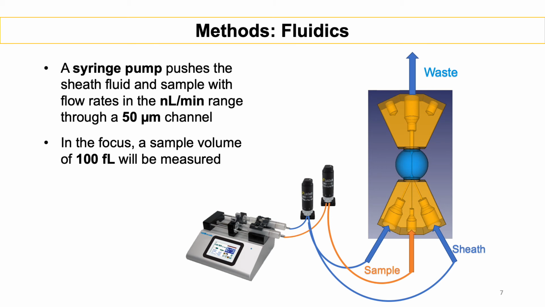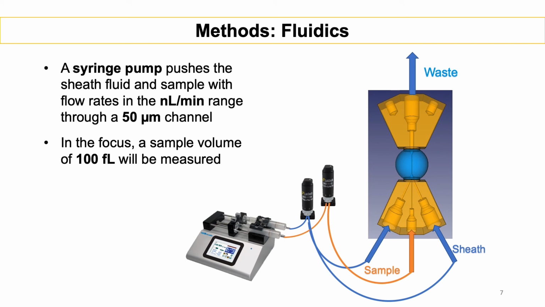Another unique aspect of our metrological flow cytometer are the fluidics. A syringe pump focuses the sample in a 50 micrometer channel, which is smaller than the channel used in clinical flow cytometers. And the flow with which the focus of the sample is established is in the nanoliter per minute range, where normal flow cytometers are in the range of microliter per minute.